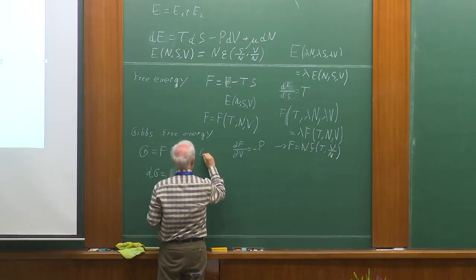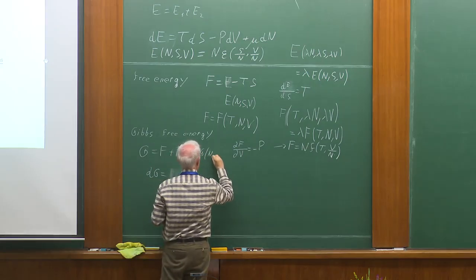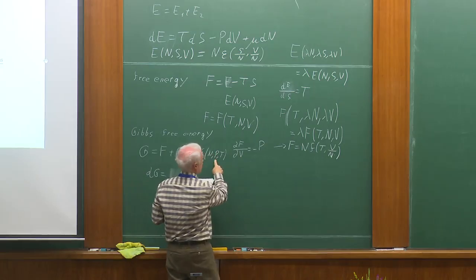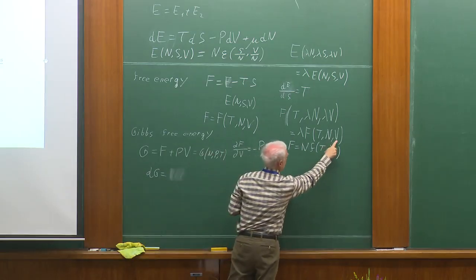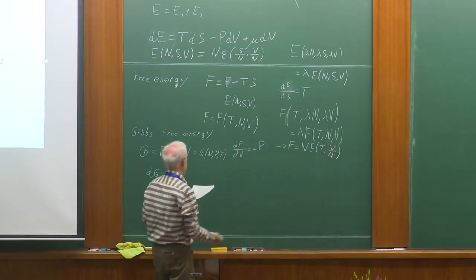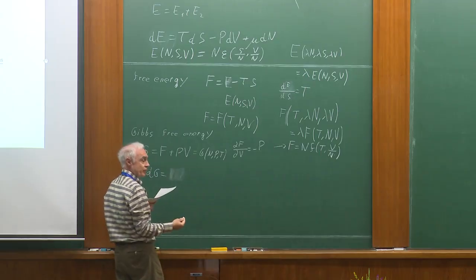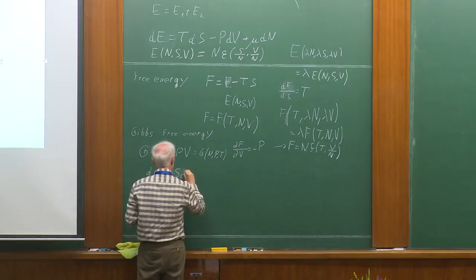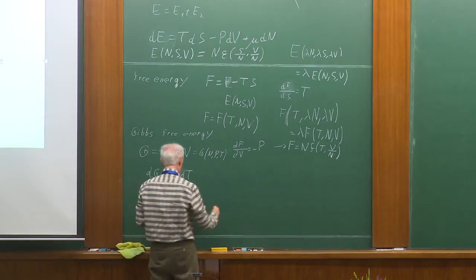G will be a function of N, P, and T. So you see, since you have done this Legendre transform, the pressure substitutes the volume in the independent variables. Then you have this differential relation.